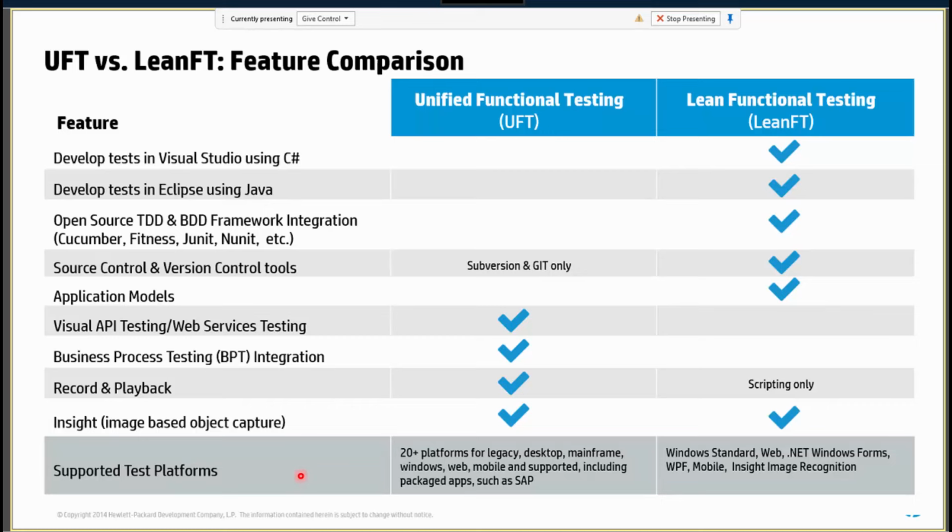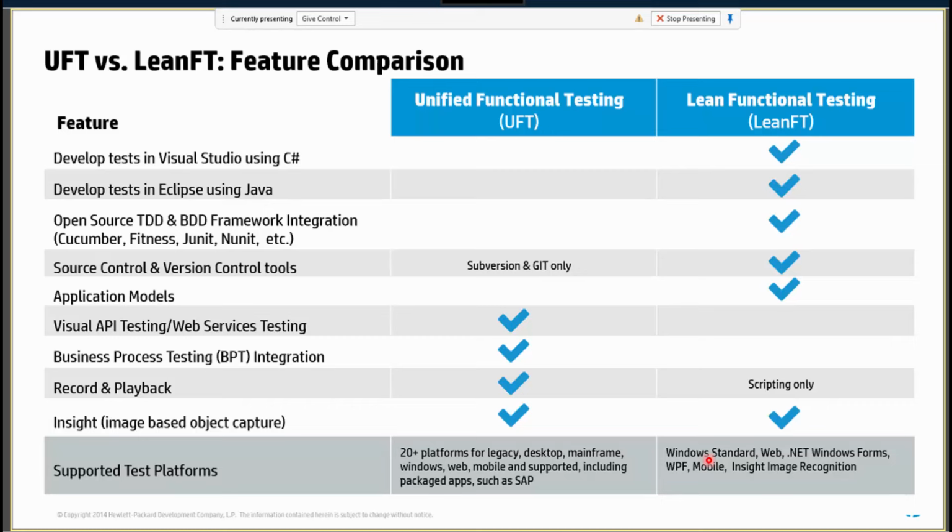And then supported test platforms. Obviously UFT has been around for, I guess, 15 years now. Desktop applications, mainframe, Windows, web, and then all the big ERP systems, SAP, Oracle, PeopleSoft, etc. LeanFT went to general availability on the 19th of July.